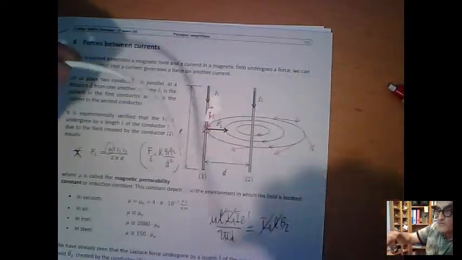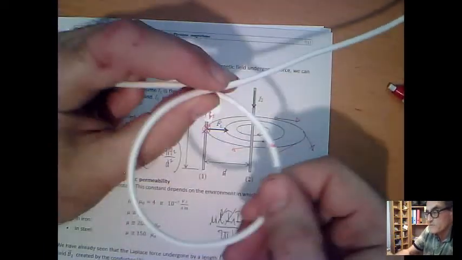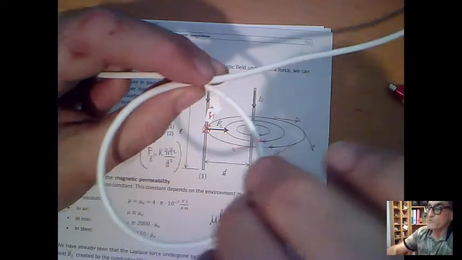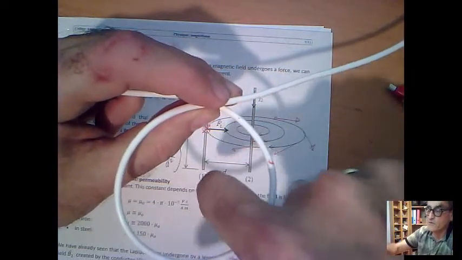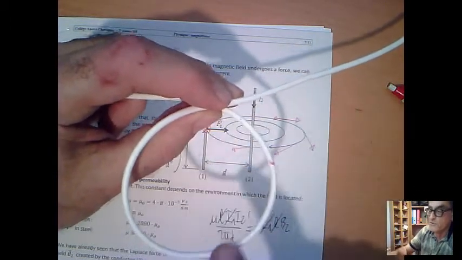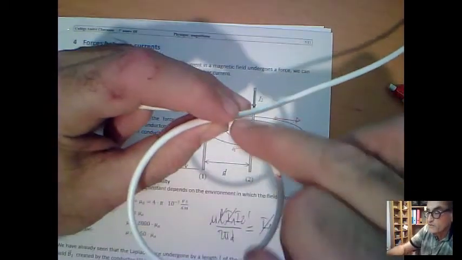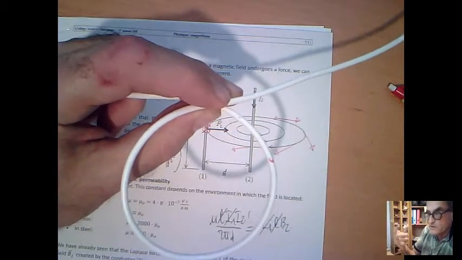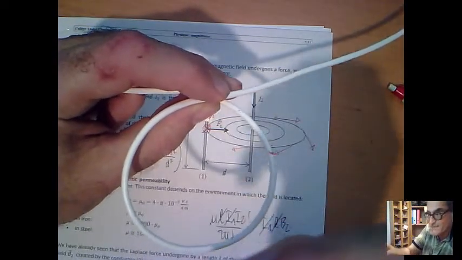Now what happens if I take this wire and I make a loop? Well, the current is going that way, okay? So here the magnetic field produced by this little area is going to go down. The magnetic field produced by this little area is going to go down. So every area on this loop of cable is going to give you a small magnetic field which is pointing down.